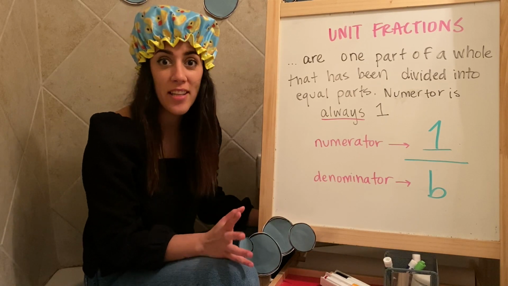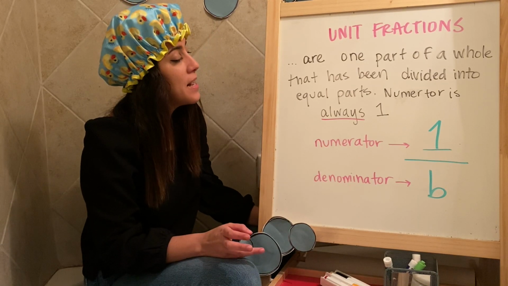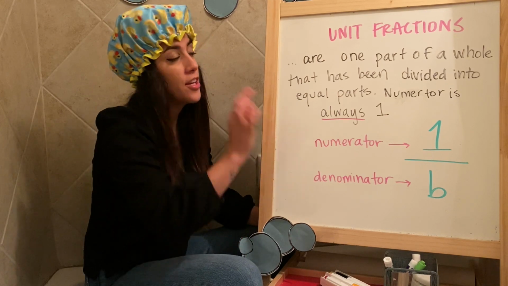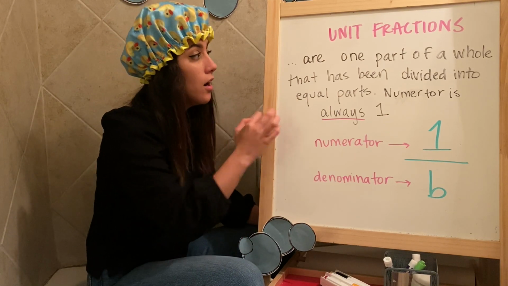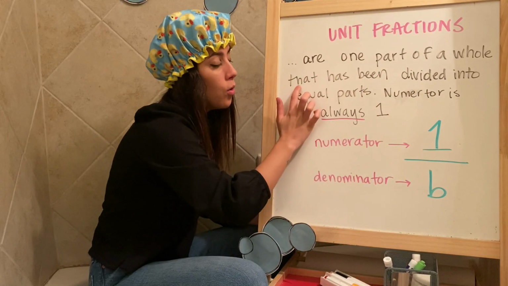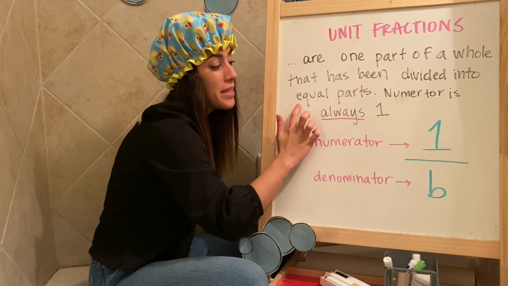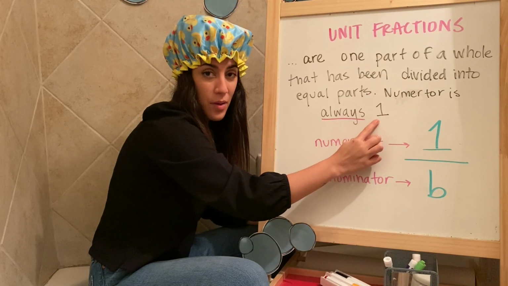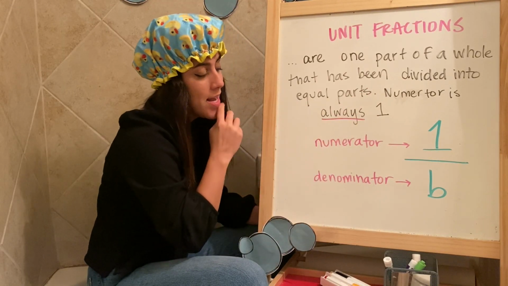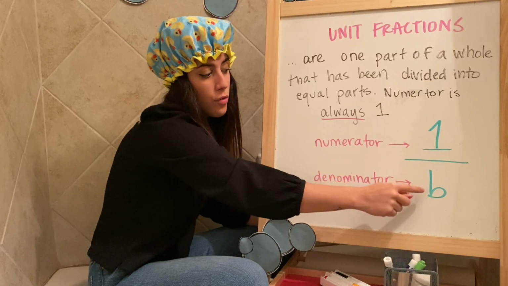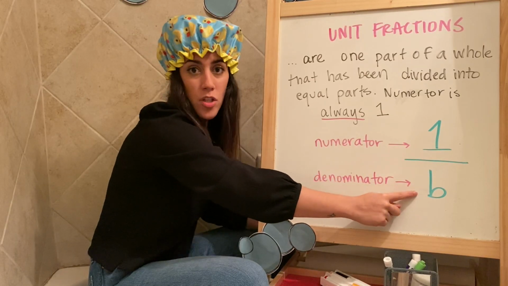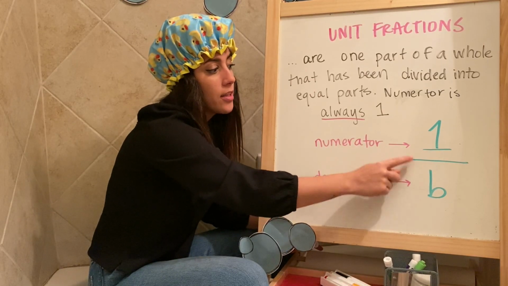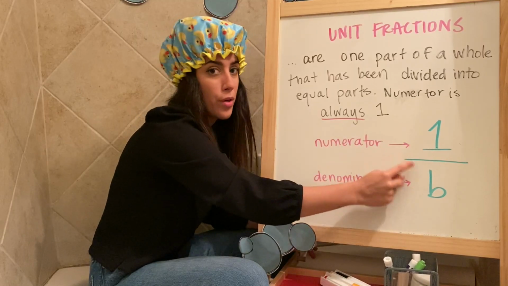Okay, so let's talk about unit fractions. This is a definition. A unit fraction is one part of a whole that has been divided into equal parts. The numerator is always 1, okay? So a unit fraction is going to have 1 over some kind of number. For right now, I just put the letter B because it could be 1 over 2, 1 over 3, 1 over 8.